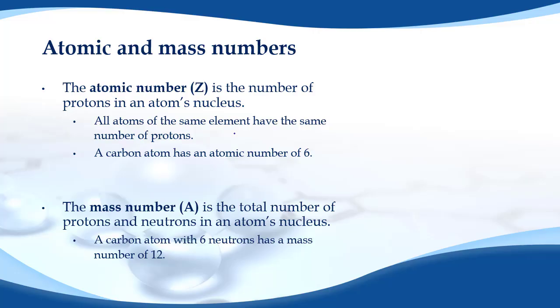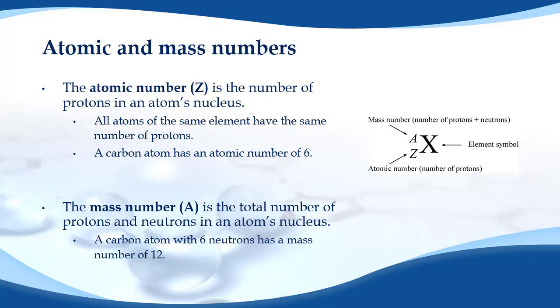One of the ways that we'll write this is in what's called isotopic notation, and that looks like this, where you have the symbol for the element that you're using, which in this case is X. You're going to have the atomic number on the bottom, the mass number on the top. Now, you don't have to be given the atomic number if you're given the symbol.